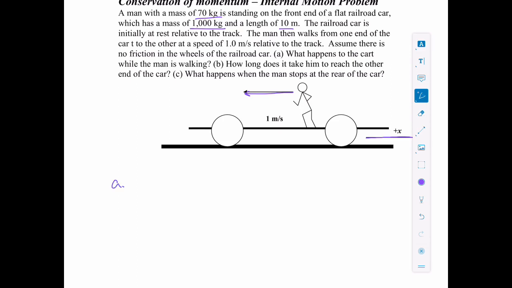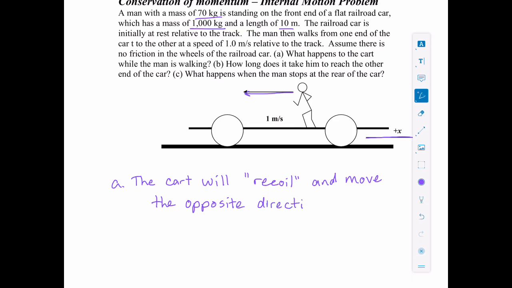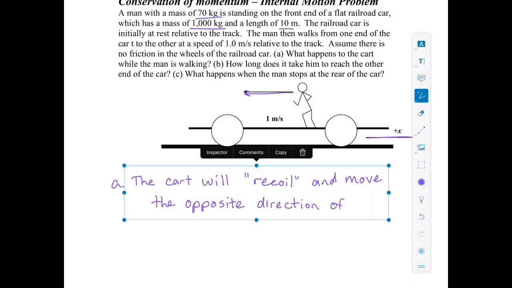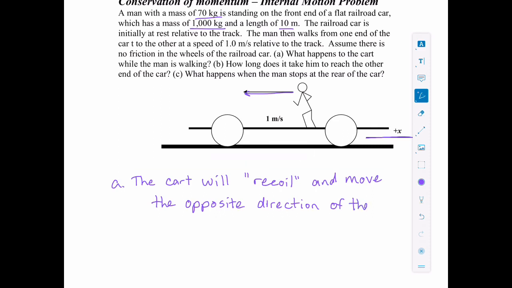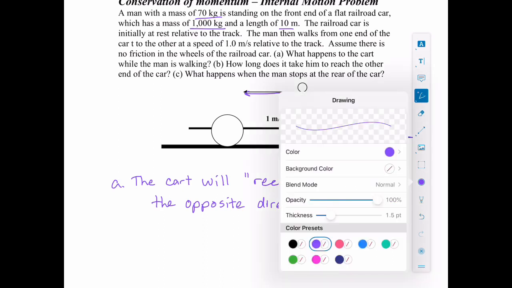The cart is essentially going to recoil, and move the opposite direction of the man. Awesome.